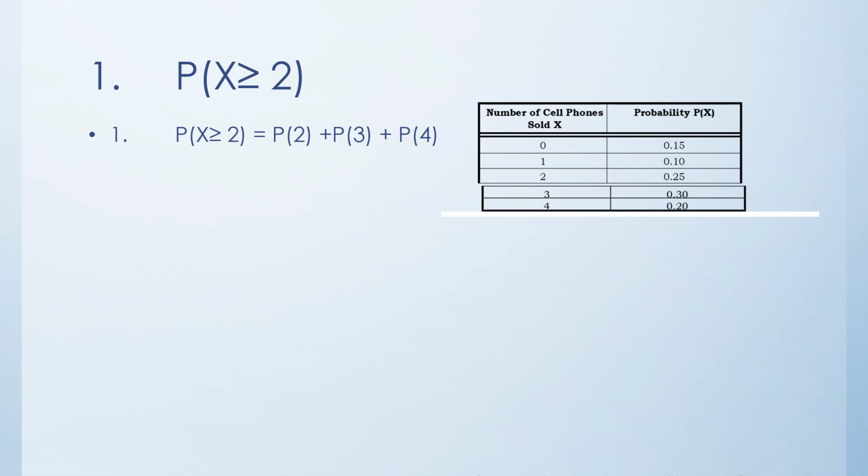So we have the probability of 2 plus the probability of 3 plus the probability of 4. The probability of 2 is 0.25. The probability of 3 is 0.30. And the probability of 4 is 0.20. Adding this will give us 0.75.